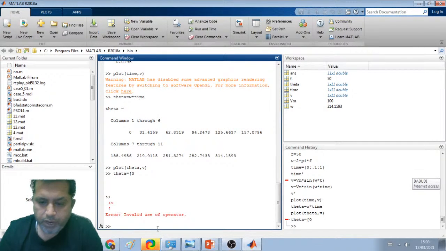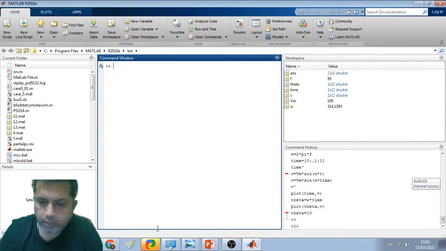Okay, I will again clear the screen. So theta equal to square bracket 0 colon, increment is pi by 4, and last value is 2 star pi.